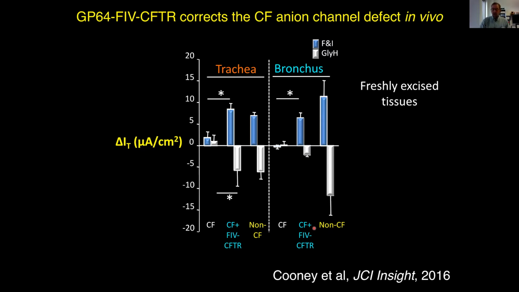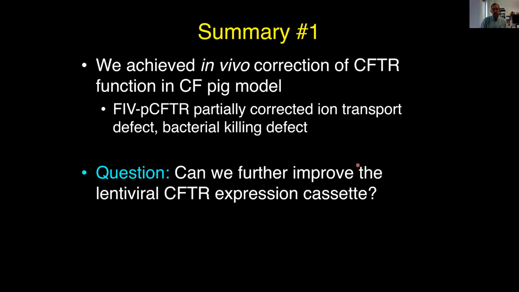Similarly, with FIV CFTR, we saw partial restoration of CFTR channel function. So from these studies, we were able to show that we achieved in vivo correction of CFTR function using a lentiviral vector. And subsequently, we've been wondering if we could further improve the CFTR expression cassette.